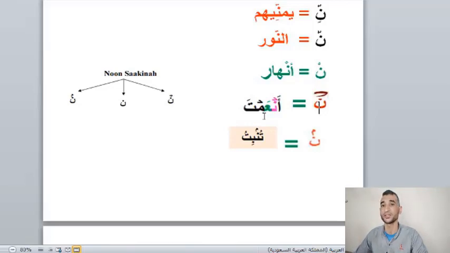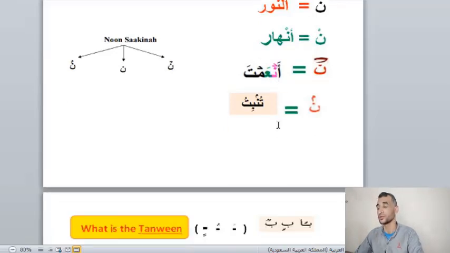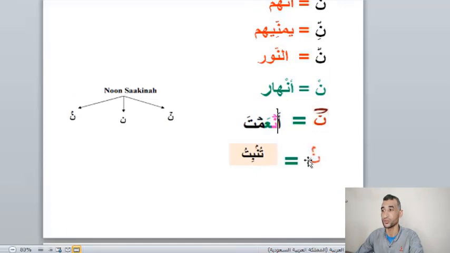For example, an'amta. The third example of the consonant noon is this letter noon, which has the letter mim on it, which is a sign of iqlab, and also it is a sign of the consonant noon. For example, you should pronounce this like tumbitu.